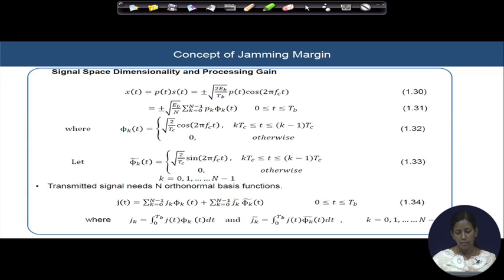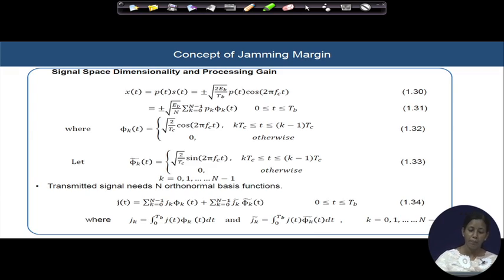Now, with this understanding, in a signal space we can represent any transmitted signal by means of some orthonormal basis functions.